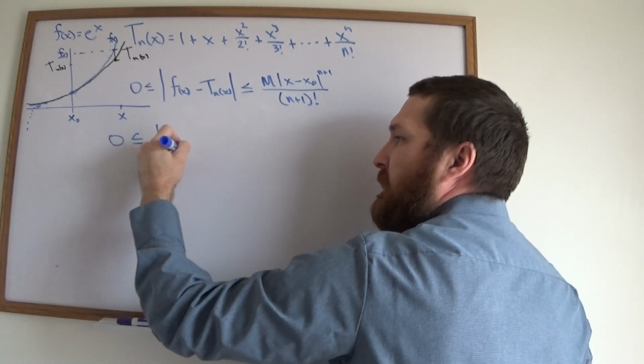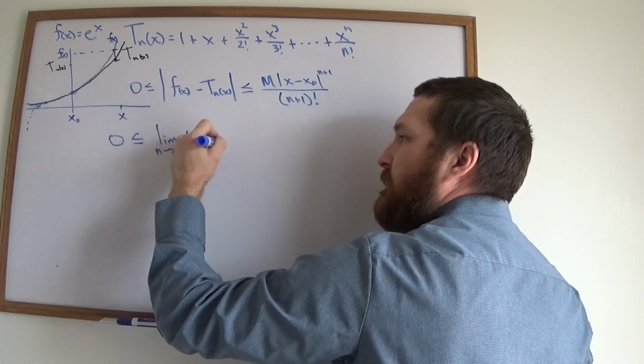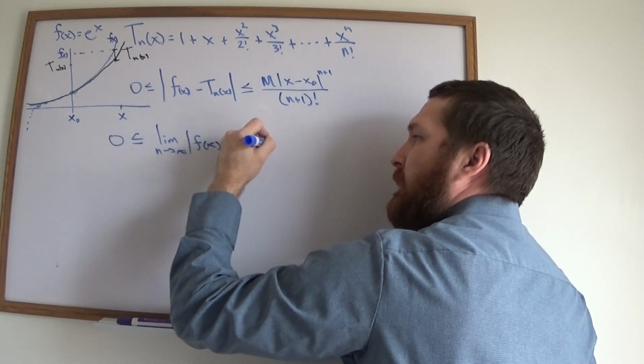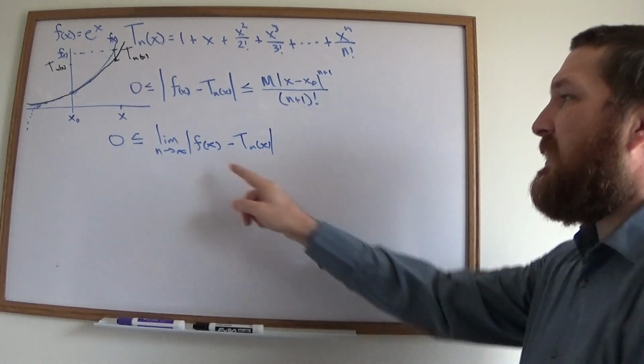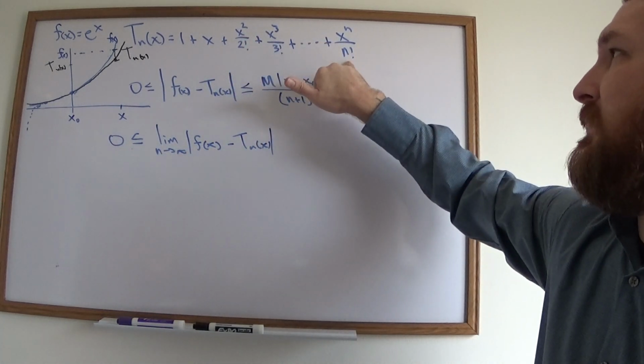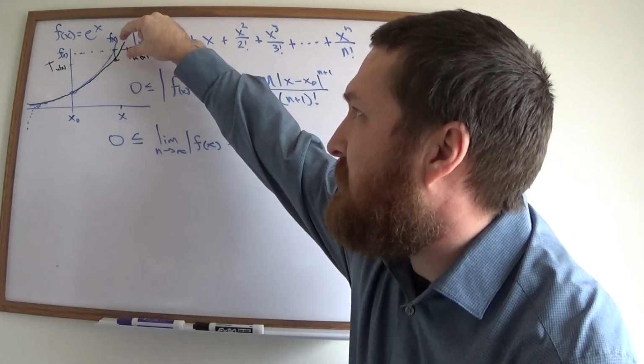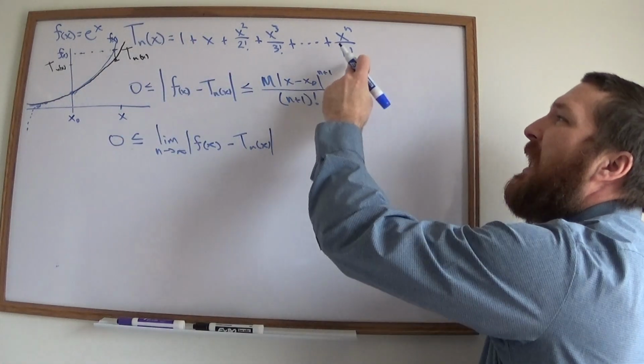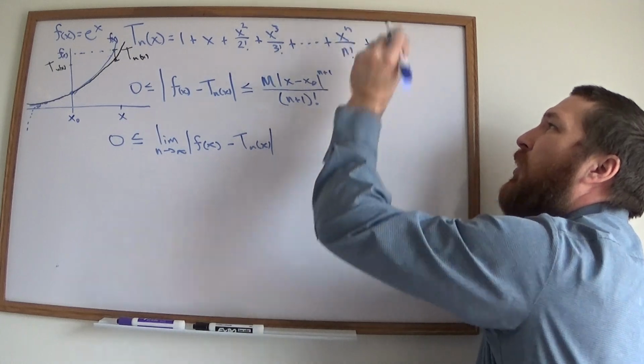The limit as n goes to infinity of this. In other words, you take your e to the x and you subtract off this, whatever that is, for any value of n, and you get that distance right there. Now we're going to imagine that this guy is going on forever.